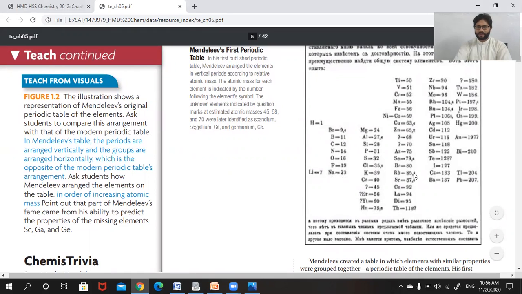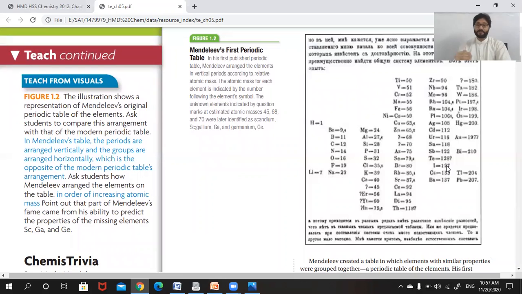But when we are talking about tellurium and iodine over here, the problem exists. Tellurium's atomic mass is 128, while that of iodine is 127. So he placed the elements according to their increasing atomic mass, but here the pattern is not followed, because this one is less and tellurium is more.